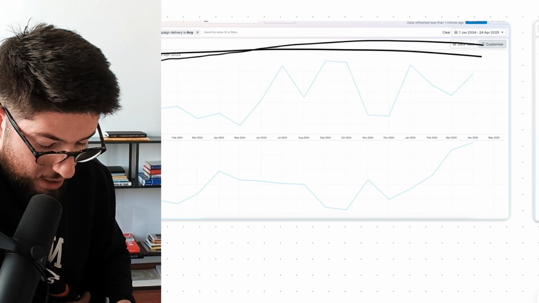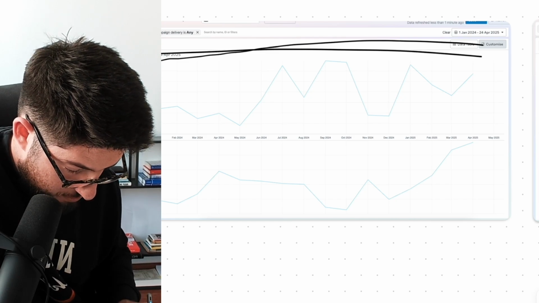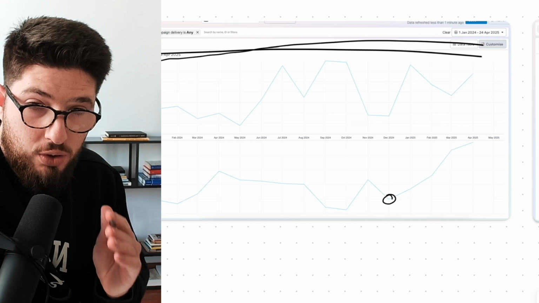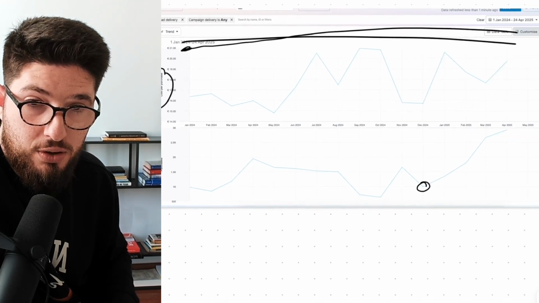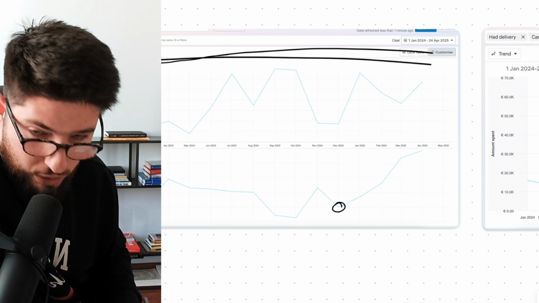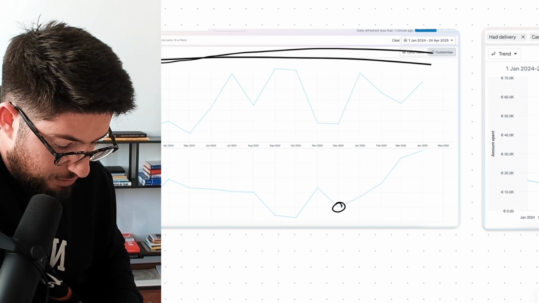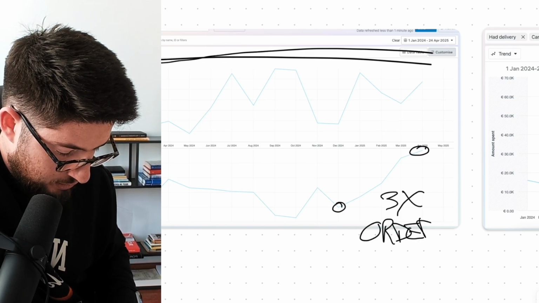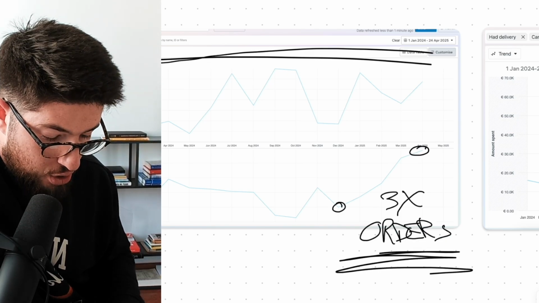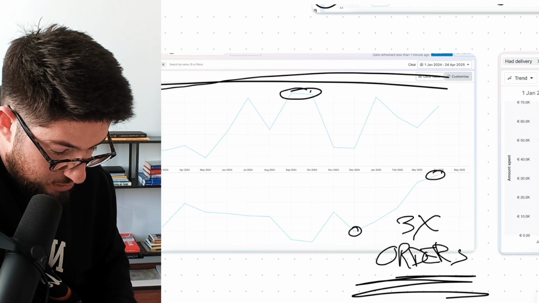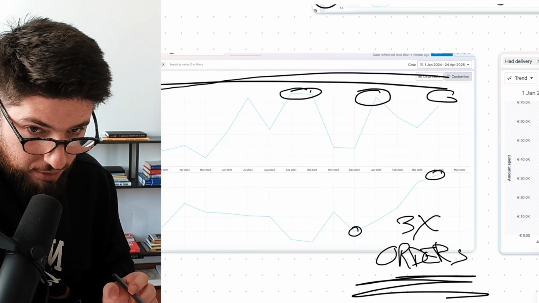So lower than 20, while going from 1,000 orders per month all the way up to, I mean, this is April and it's not finished, but 100% we're going to pass 3,000 orders. So 3x in orders, this is huge, and look at the CPA. CPA never goes above 20, never.